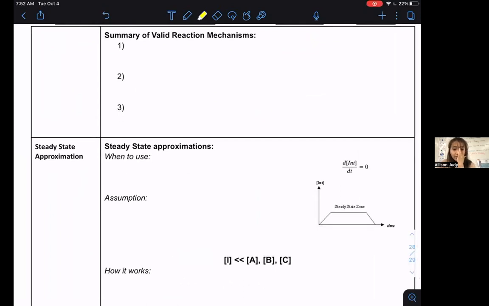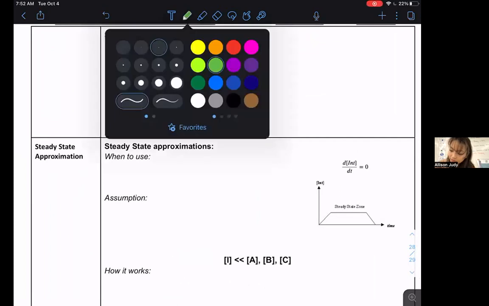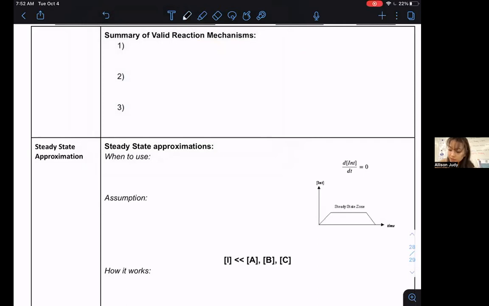A valid reaction mechanism: the elementary reaction steps sum up to the overall balanced reaction.